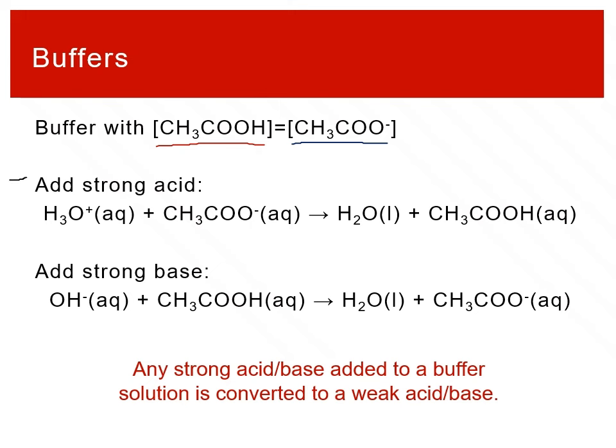You can either add strong acid or add strong base. And the idea in a buffer is you added this conjugate pair where you have base and acid in the solution. So there's always something to basically absorb or react with the strong things that you add.